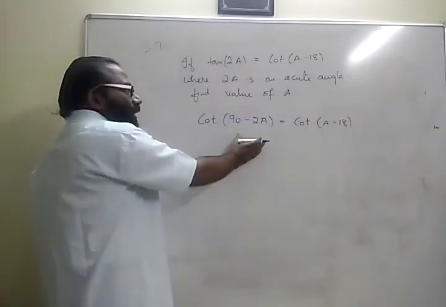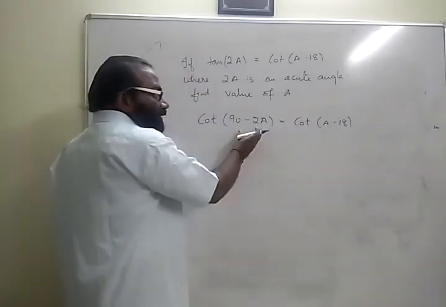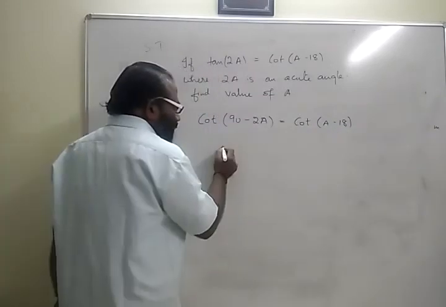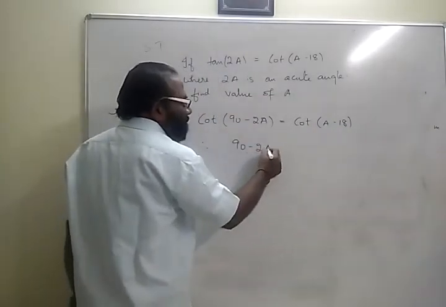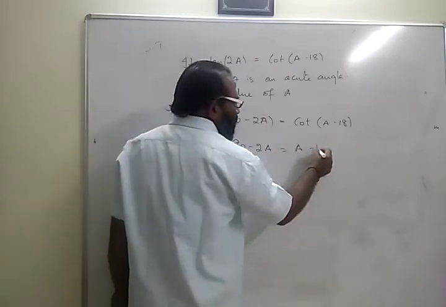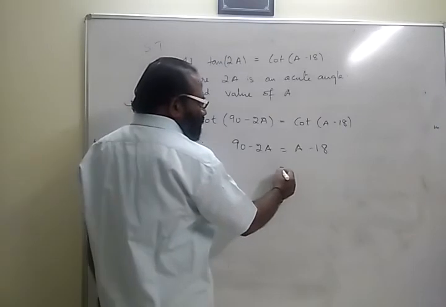So cot of an angle is equal to cot of some angle. So that means that this angle should be equal to this angle. Therefore 90 minus 2a equals a minus 18. So let's take all the a's to one side.